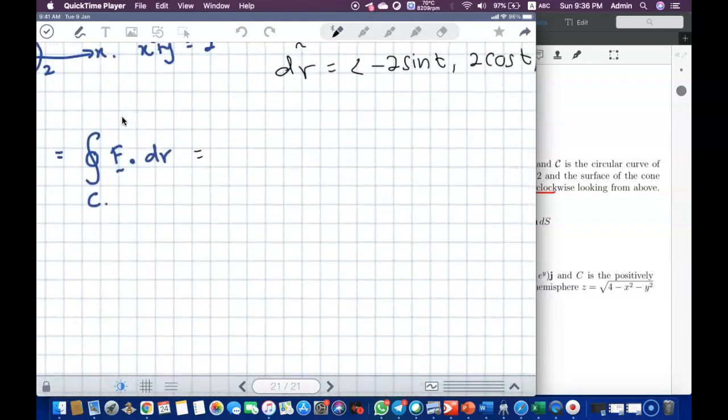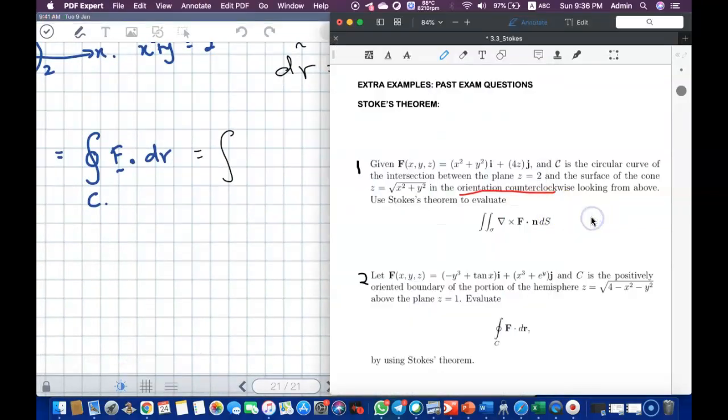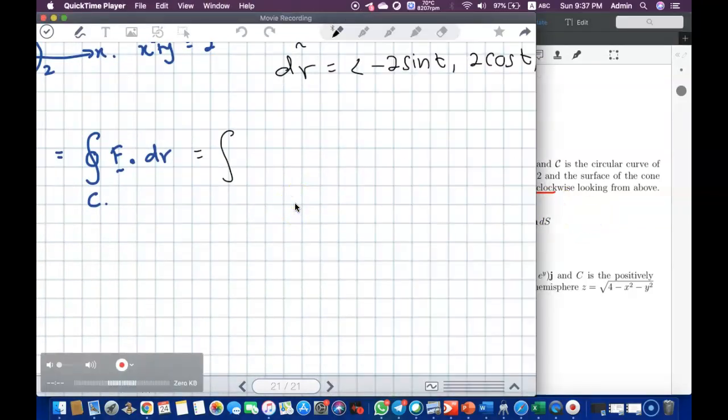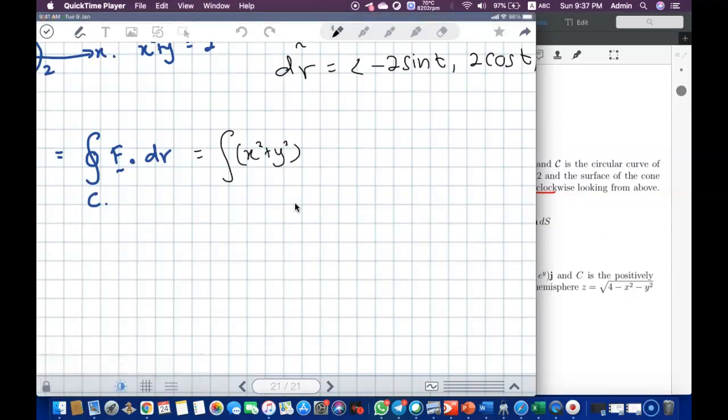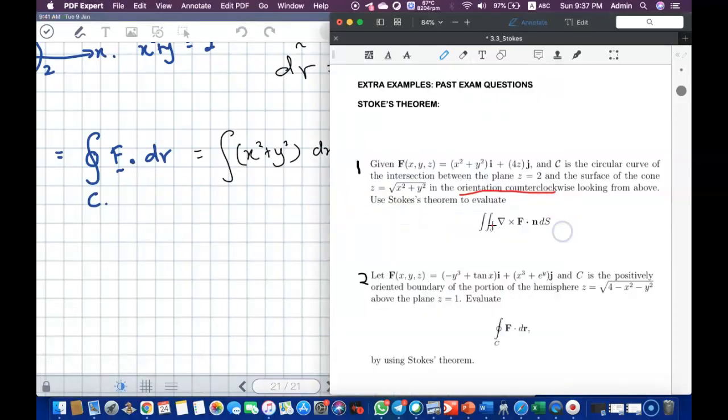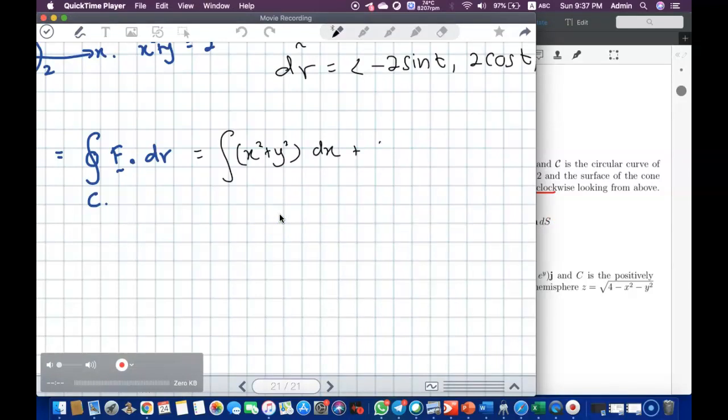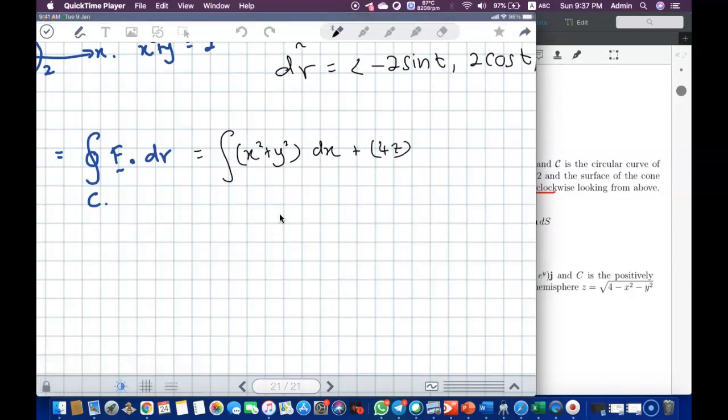Here, your f is x squared plus y squared dx, plus your y component is 4z dy, and your dz is 0, right? So you just have dx and dy.